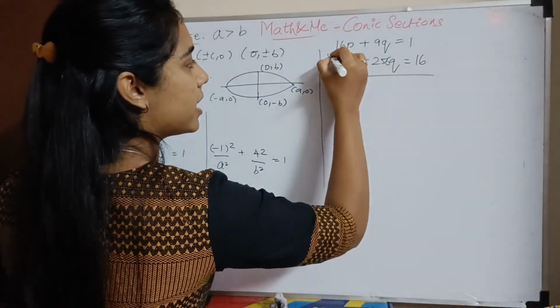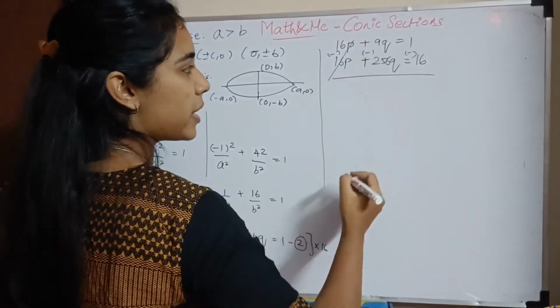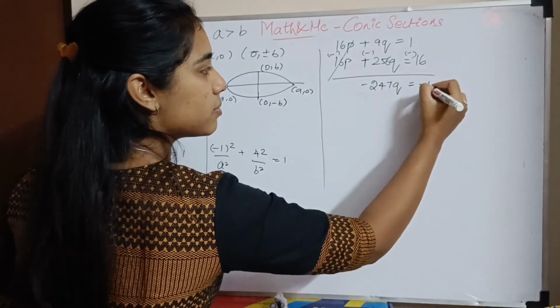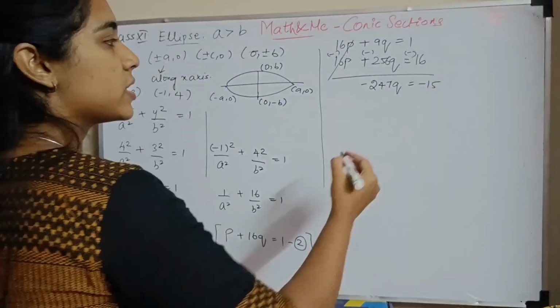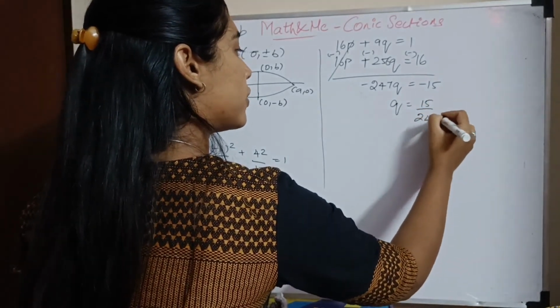So when I subtract, what do I have? This goes off. 256 minus 9 is 247q equals 15. So I have q equals 15 divided by 247.